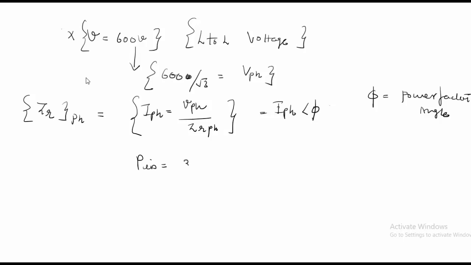So my power input was equal to 3 into root 3 of IPH into V line, or which is equal to IPH divided by root 3.